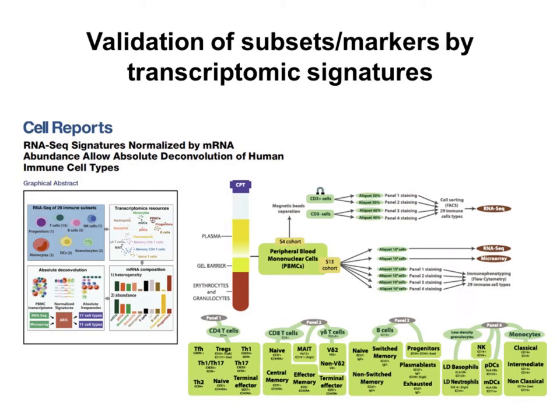We have published this year a study where we performed cell sorting of various cell populations, 29 immune cell populations, and we performed RNA-seq to try to set up a tool to perform deconvolution.